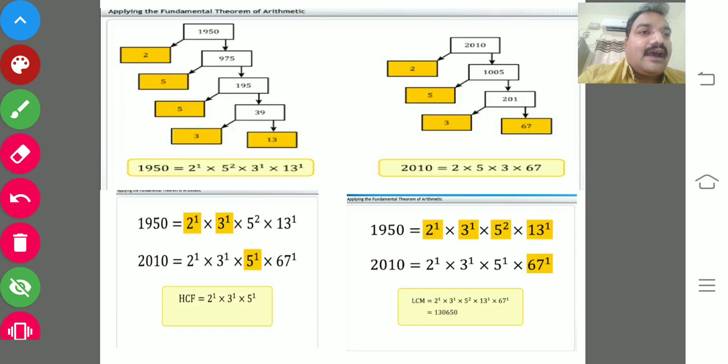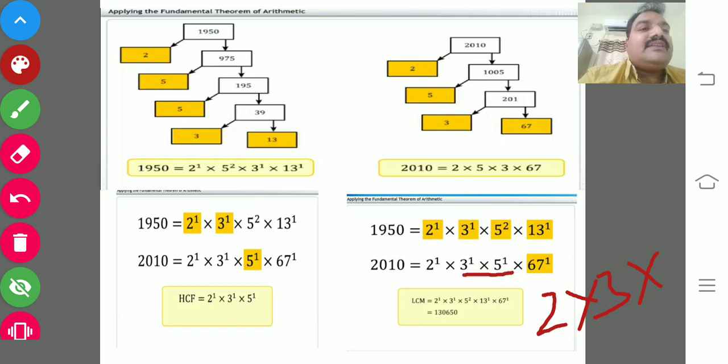Here, highest occurring. 2 is occurring only one time, so you take it one time. 3 is occurring here one time, and here also one time, so one time. And here, this is important: 5 is occurring in 2010 one time as a product, but here 2 times.